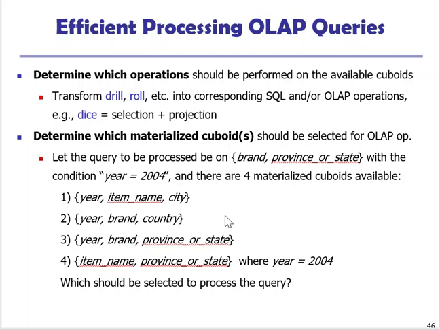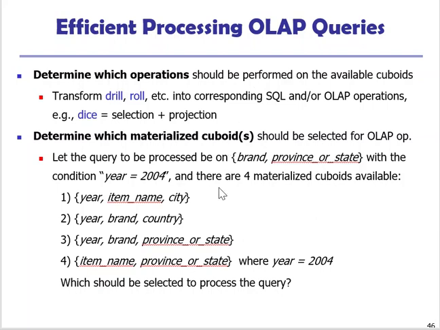More closer to the users, there is a level of processing that relates to how to efficiently process OLAP queries. This is another element of the technical implementation details that we will cover in this chapter.